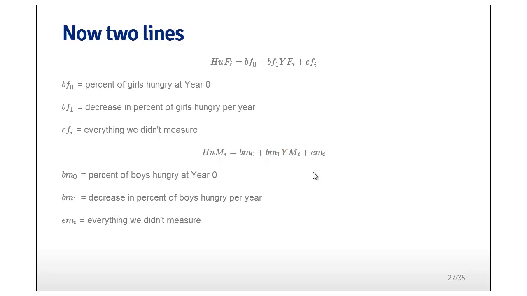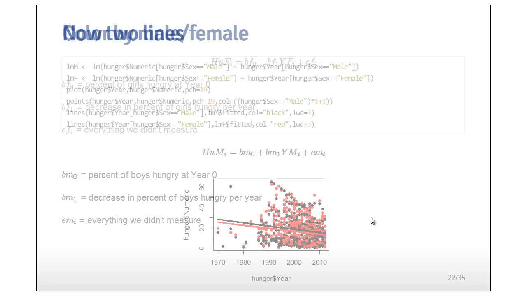I know it's slightly confusing notation, but HungryM is the percent hungry for male. B0 is always intercept, B something 1 is always slope, Y something is always year, and E something is always epsilon. So what we're saying now is we could try to have these two models, one line for girls and one line for boys.